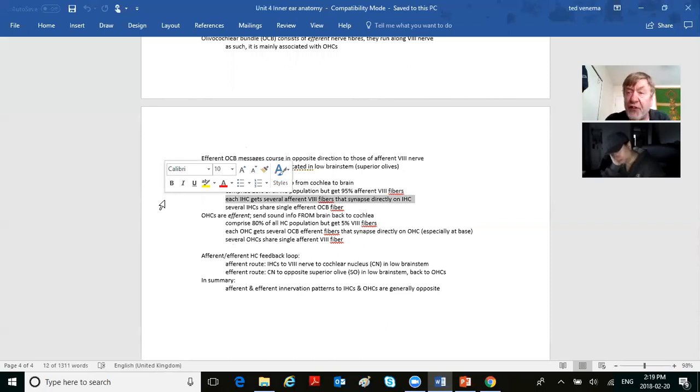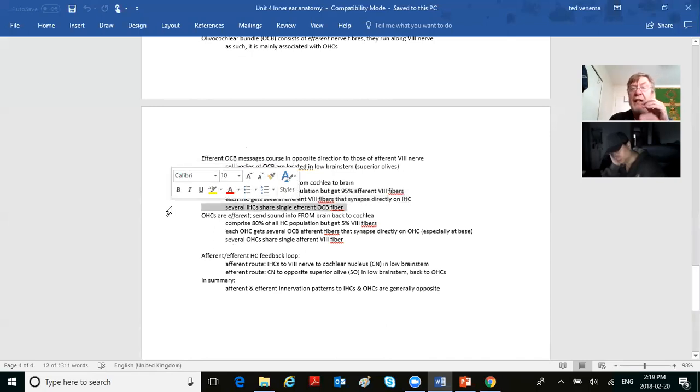To be specific, each inner hair cell gets 10 eighth nerve fibers. So if each inner hair cell gets 10 eighth nerve fibers, how many eighth nerve fibers do you have? Well, 3,000 inner hair cells times 10 is 30,000. So now you know that that rope called the eighth nerve has 30,000 tiny fibers wound up together.